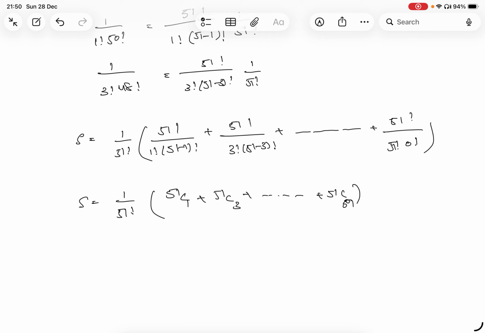As you can see, it is in the form of nC1 plus nC3 plus nC5 plus and so on. Now let's figure out the value for this.